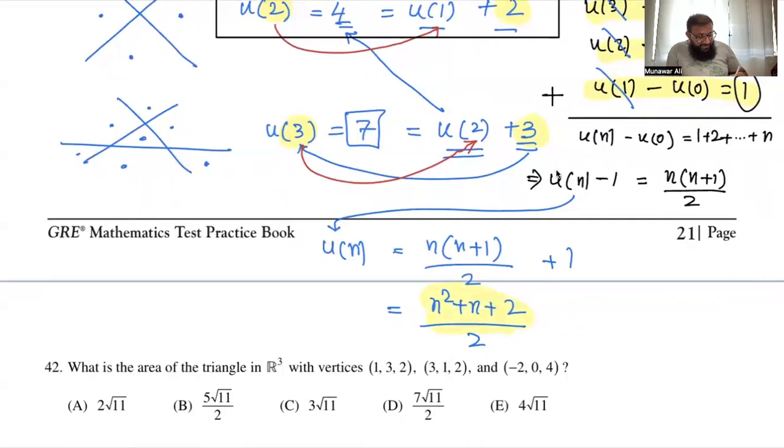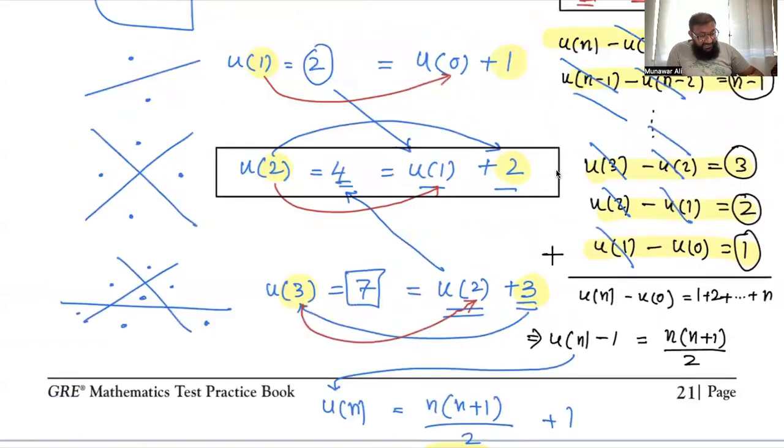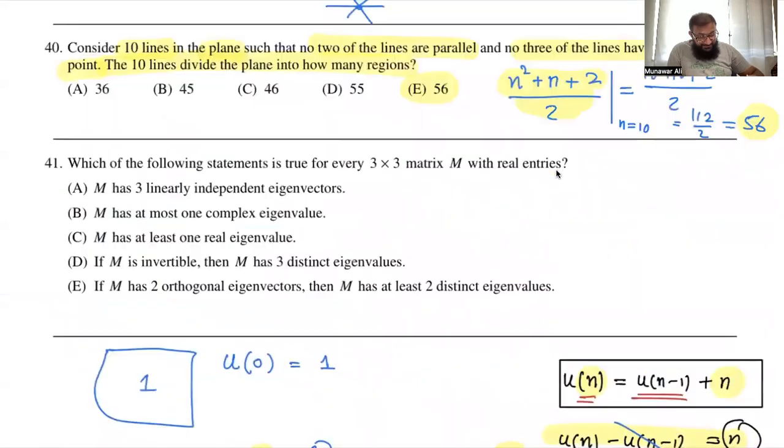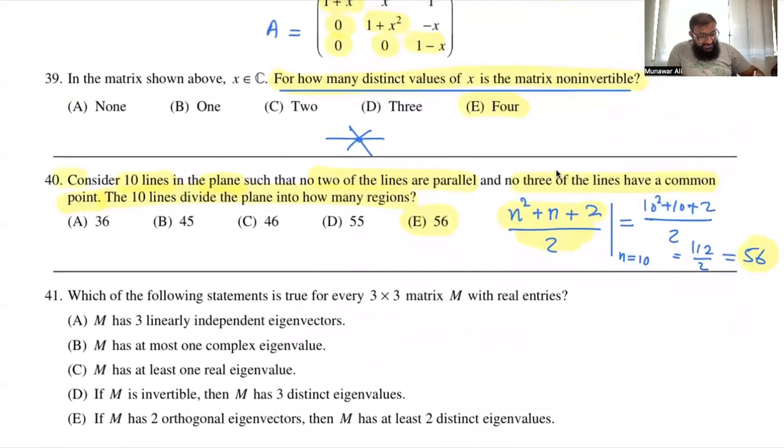So this is the formula for finding the number of regions which we get when we have some lines in the plane intersecting each other, where no three lines intersect at a single point and no lines are parallel to each other. So I just gave you a justification why we have this formula. And I applied this formula in question number 40 and we got this answer.